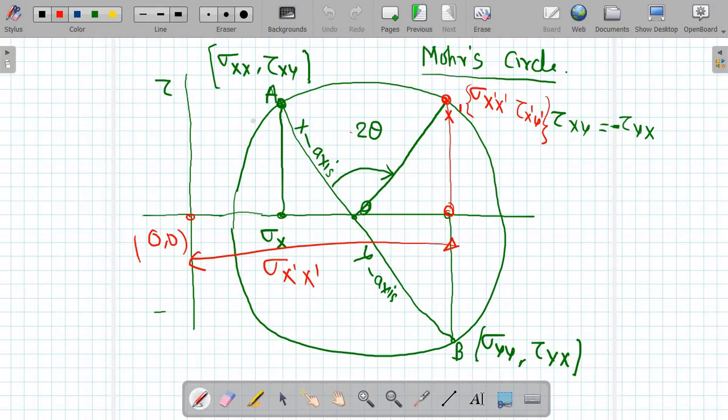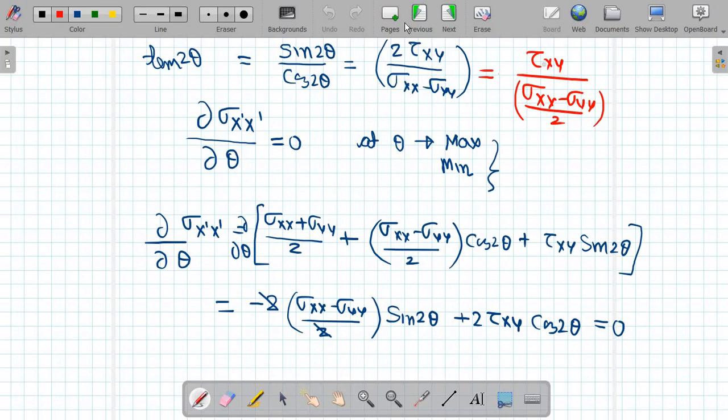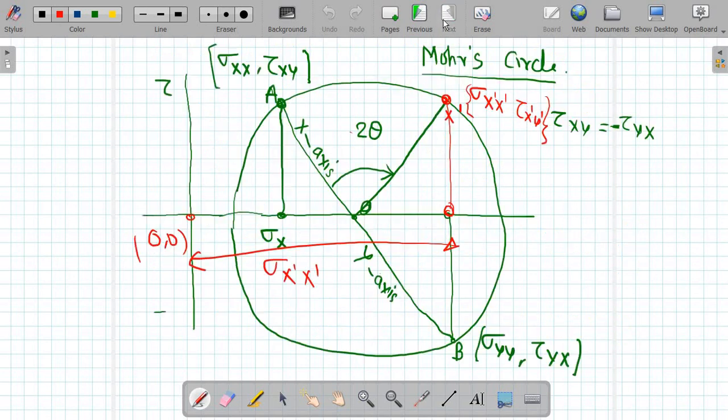So, this divided by this, shear yx divided by this component. Now, this component is nothing but shear xy, and this component is nothing but sigma x minus sigma y by 2. So, at this particular point you will get the maximum value or a minimum value.